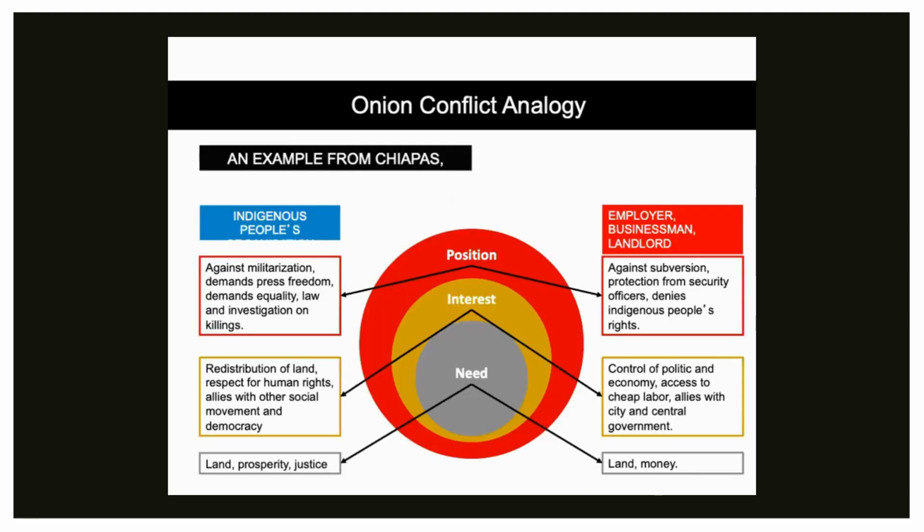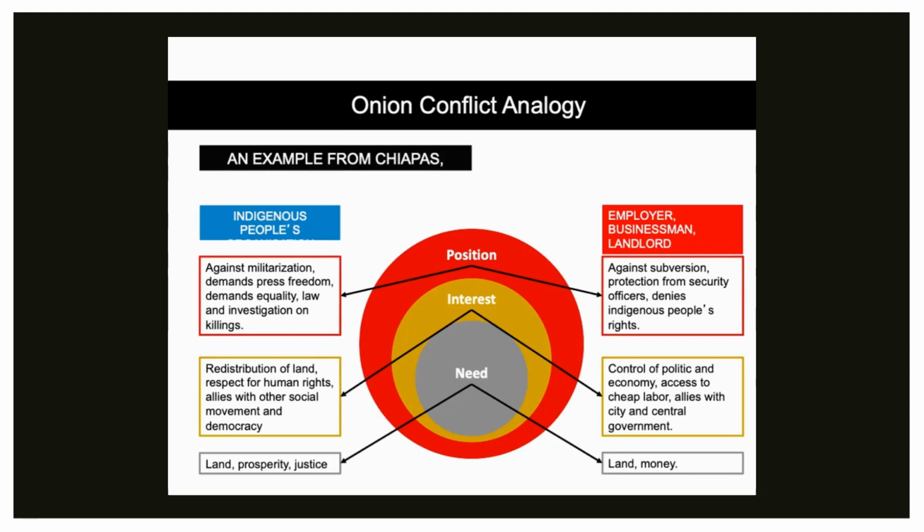In one example from the Chiapas model, you can see this conflict. They call it a tenurial conflict, or land conflict, between the state and a group of indigenous people there. We can see the differences in position between the state, the landlord, or the businessman, and the indigenous people.